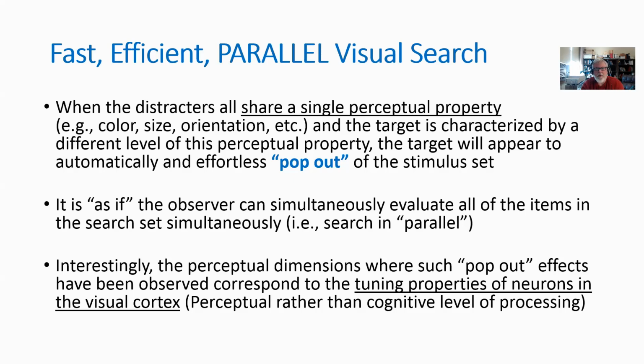For example, cells in the visual cortex are specialized to see one of a family of orientations, or specialized to see a particular color, or specialized, if you will, to see a particular orientation or size of a line.